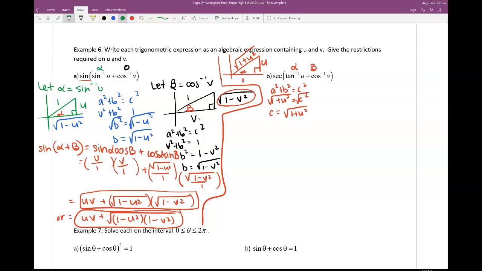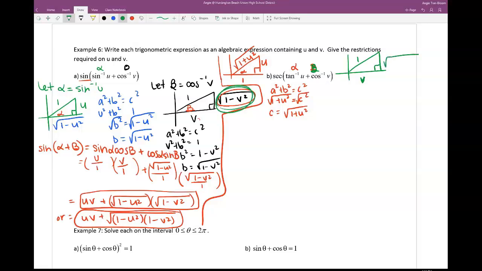Let's draw beta. Beta's over here. Okay, here's beta. Cosine inverse is restricted in 1 and 2. I want everything to be positive, so let's put it over here. Cosine is adjacent, which is v over hypotenuse. Okay, well, we kind of did this already over here. See this right here?